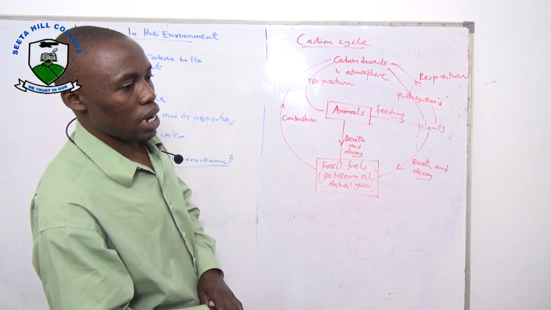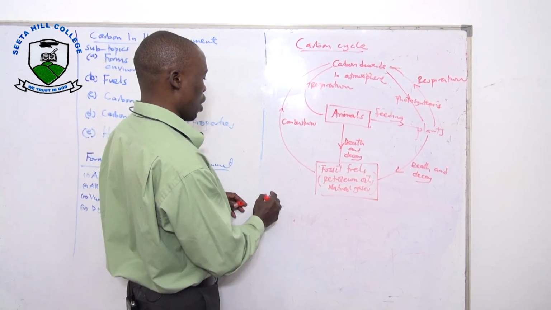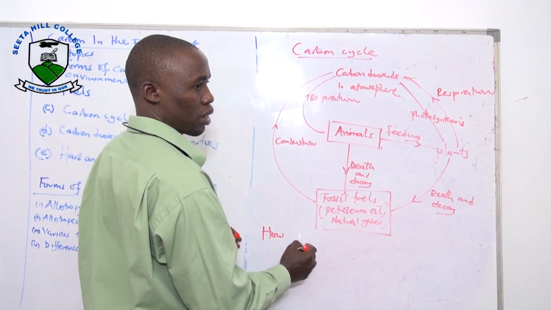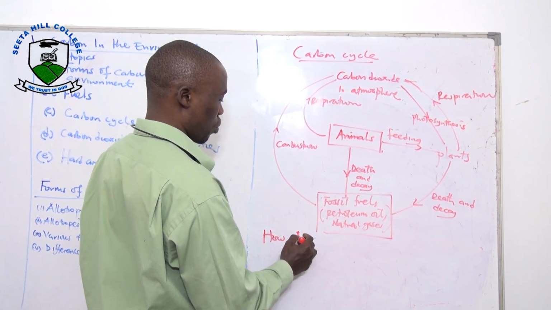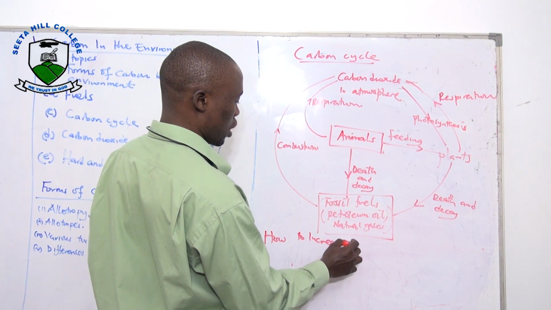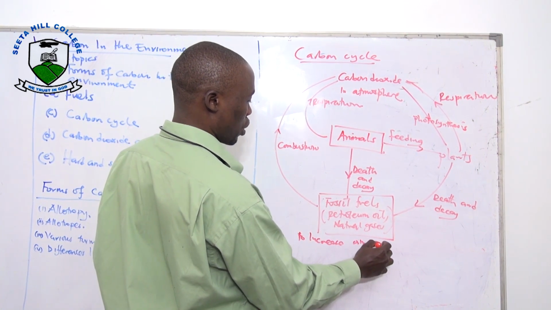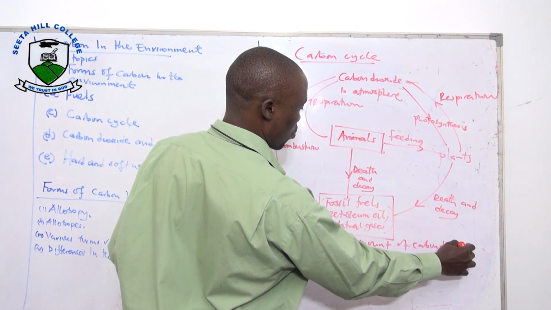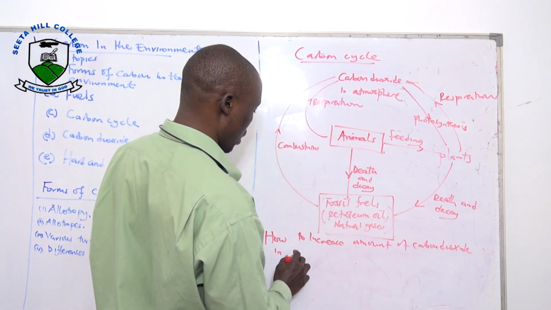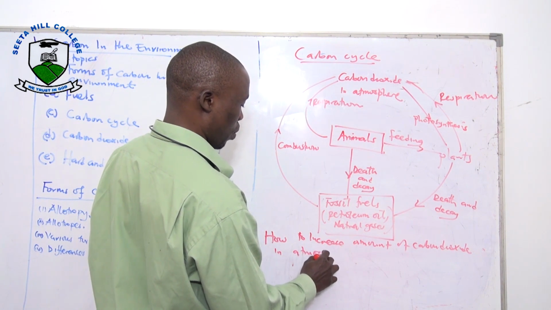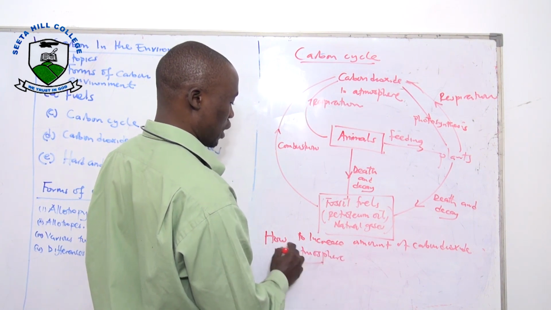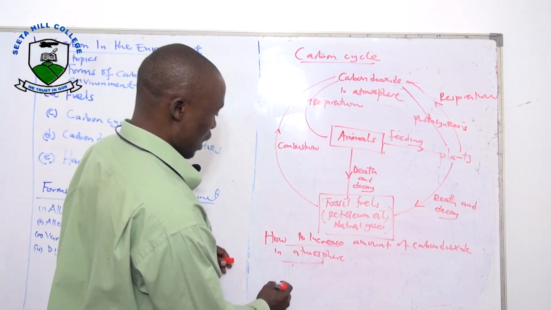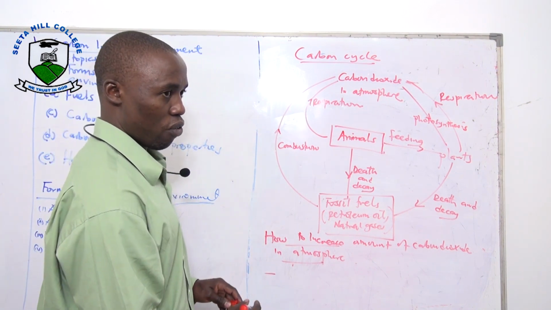Now, could we say how to increase carbon dioxide in the atmosphere? How does it happen? Burning fossil fuels.